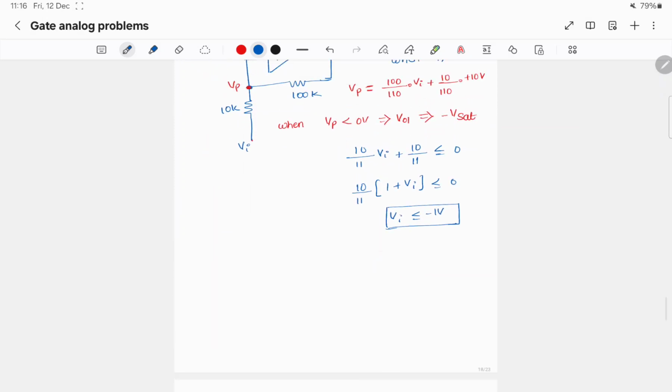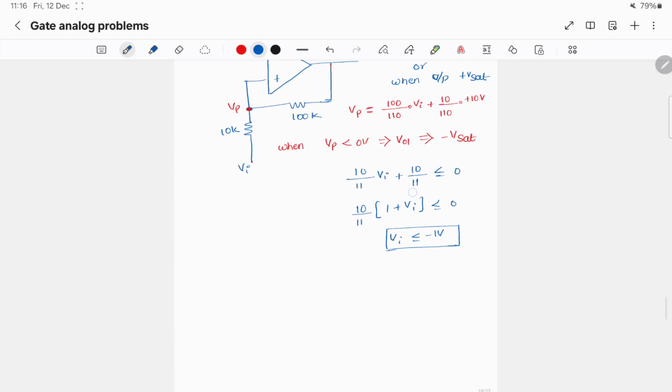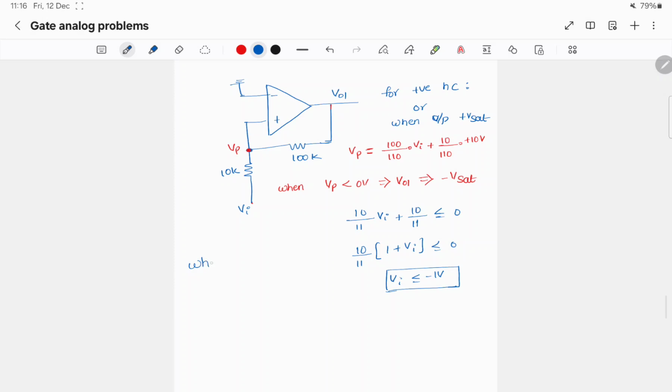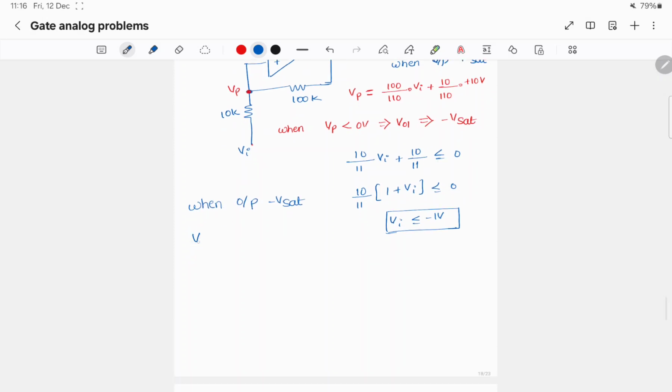So we have to look for the other condition also. When output is minus Vsat, Vp will be 10 by 11 times of Vi minus 10 by 11 volts.